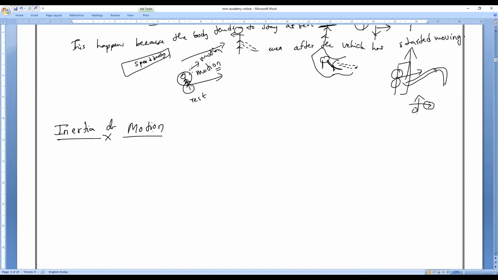So now, suddenly the bus will stop. What will happen? You will fall forward or backward? You will fall in the forward direction. So write it.